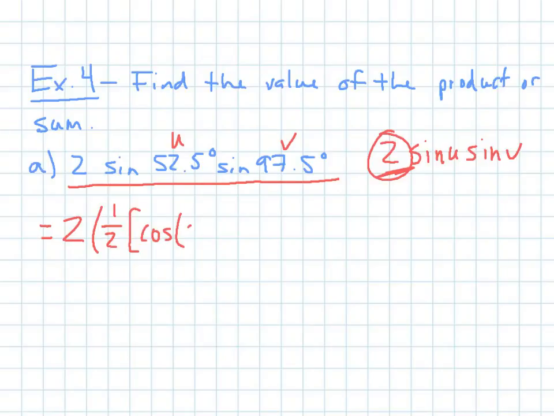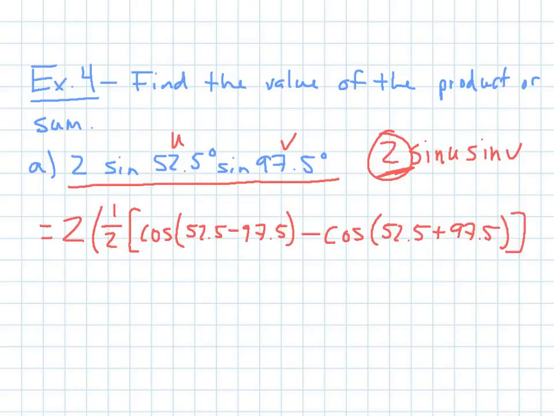So u is 52.5 minus 97.5, okay, minus cosine of my u plus my v, 52.5 plus 97.5. So now, because of the distributive property, the 2 and the 1/2 cancel each other out, so you can just forget about those.